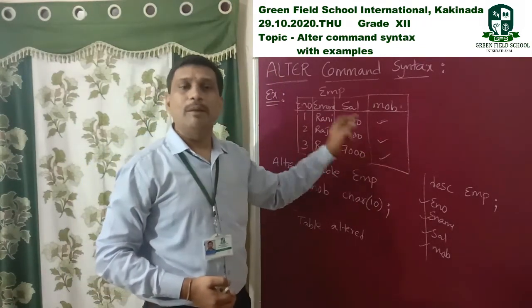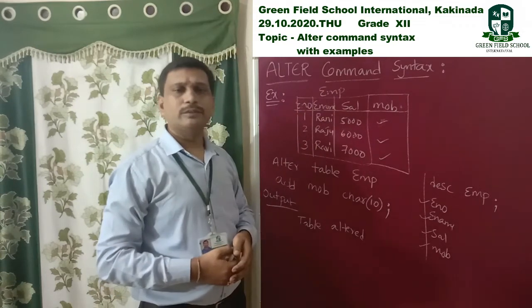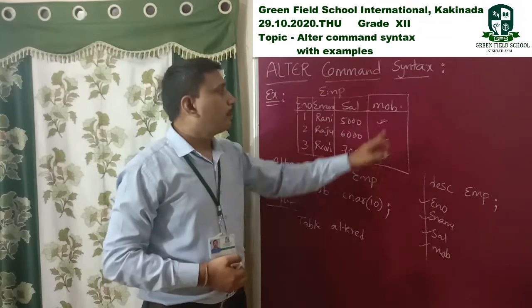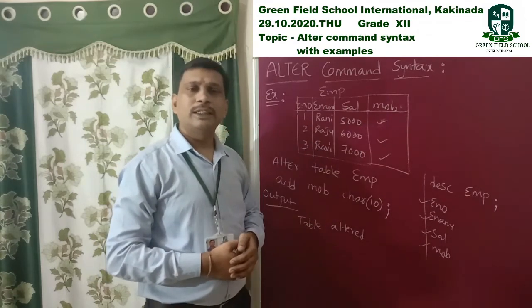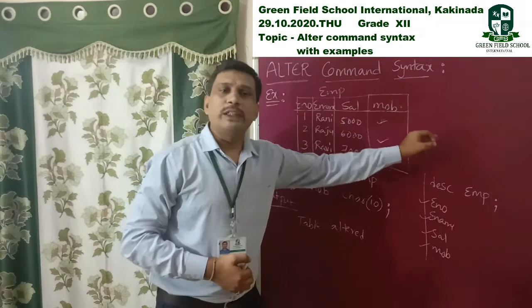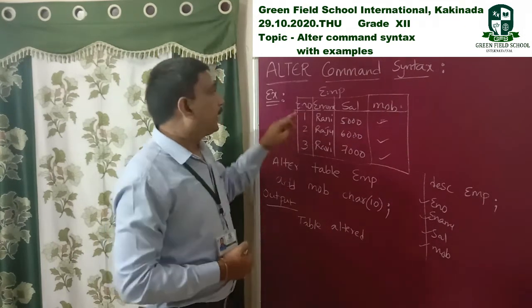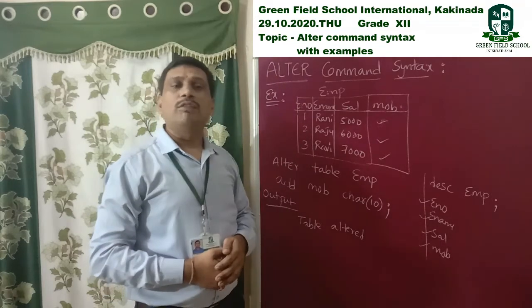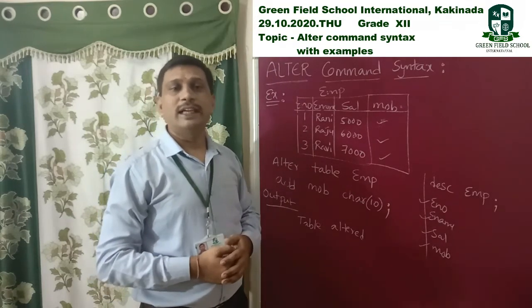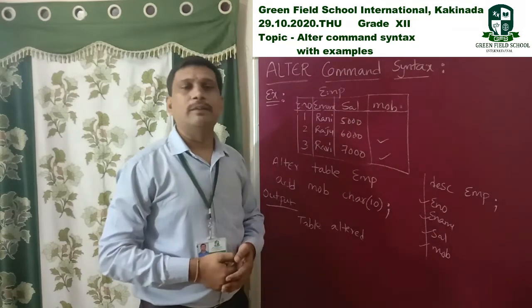So how to update this data? UPDATE table name, here EMP, SET mobile number column, set mobile equal to the mobile number, where employee number is equal to 1 semicolon. Then the mobile number column is displayed.